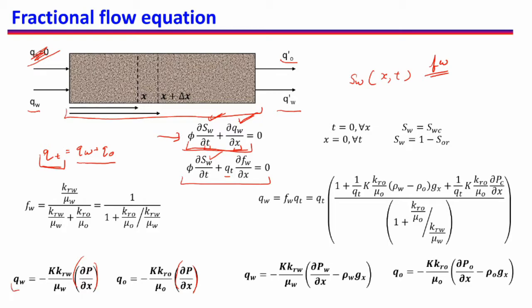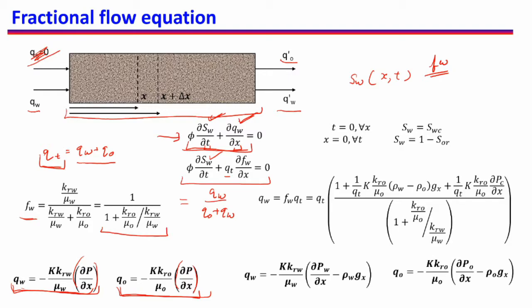So modified Darcy's law can be used to find the flow rate of oil and water, and fractional flow can be described like Qw by Qo plus Qw, and we can substitute the modified Darcy's law here and then find Fw, the fractional flow of water, which is given by this equation.